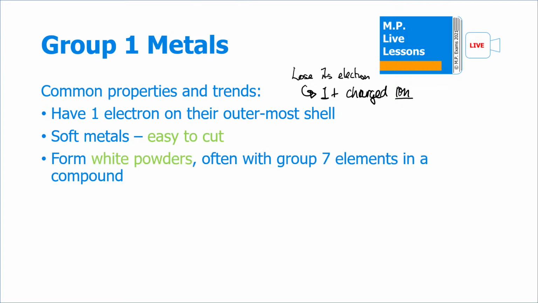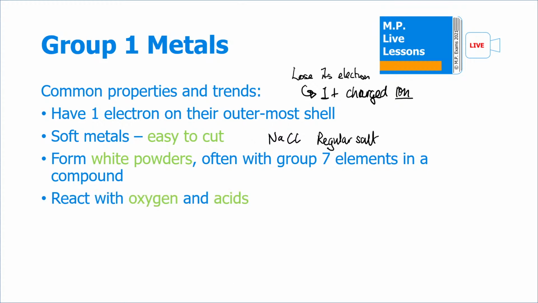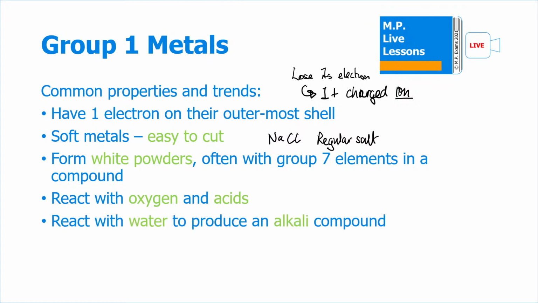They form white powders with other elements, such as with group 7 elements in a compound. For example, sodium chloride is just your regular salt, which you know is simply white. These can react vigorously with oxygen and acids. These also react with water to produce an alkali compound. So that's why these group 1 metals are called the alkali metals.